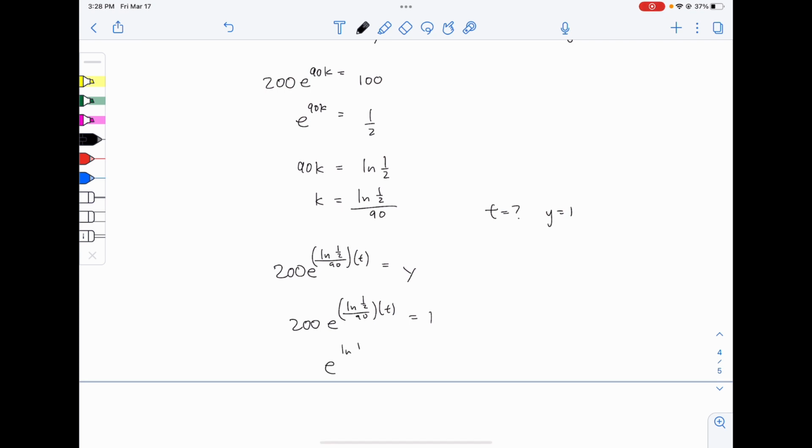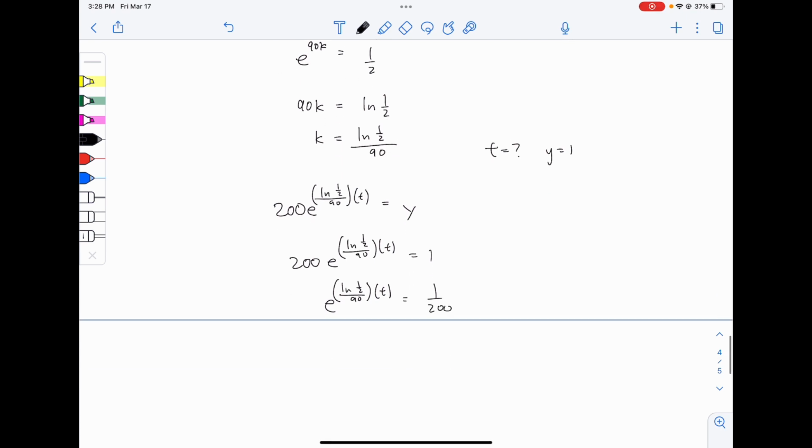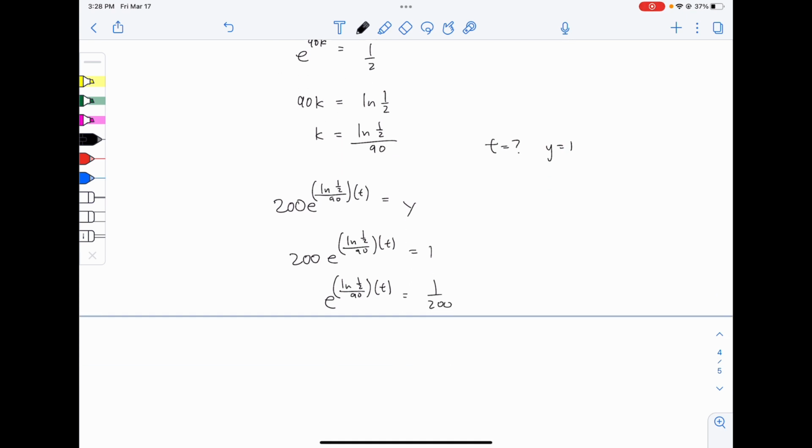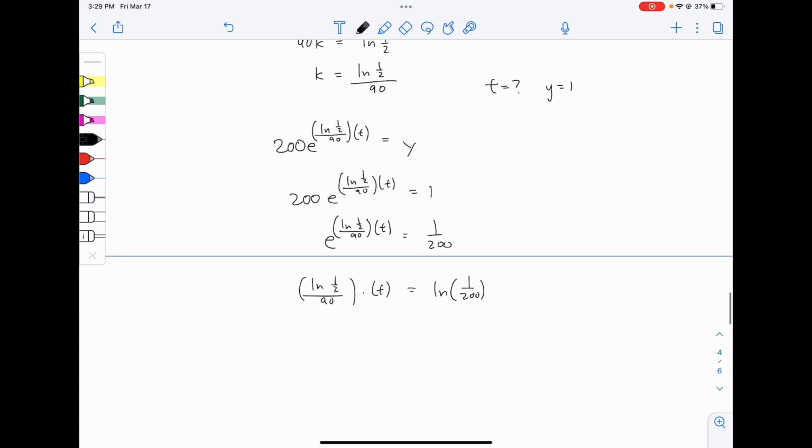e to the ln 1 over 2 over 90 times t is equal to 1 over 200. You're going to ln both sides. So ln of 1 over 2 over 90 times t is equal to ln of 1 over 200. In order to isolate t, just divide both sides by this.